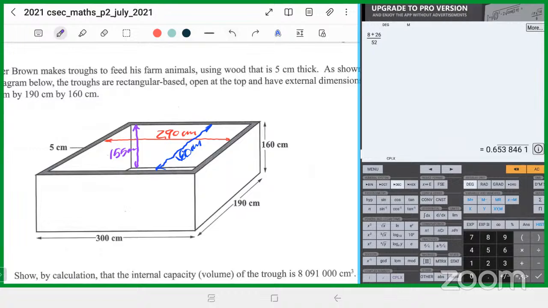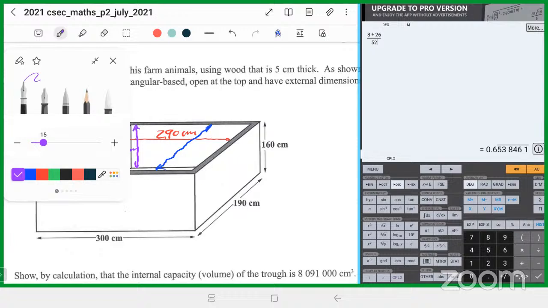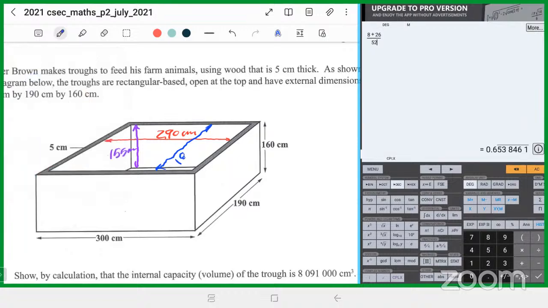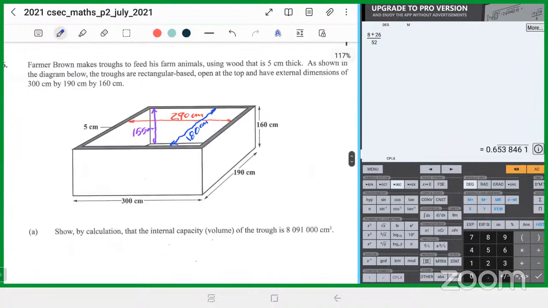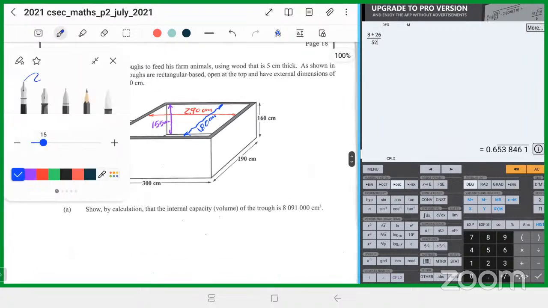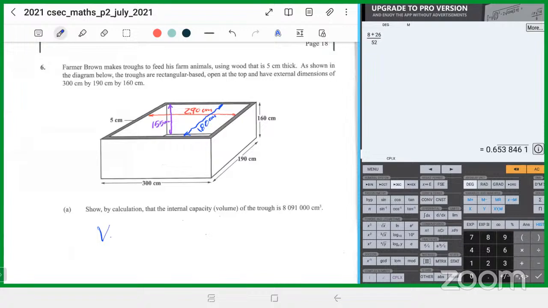Let me write the 180 better. Good. So the internal volume is equal to 290 times 180 times the internal depth of 155.